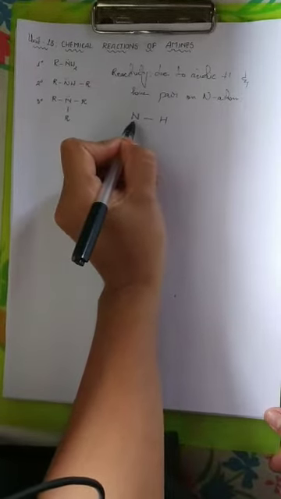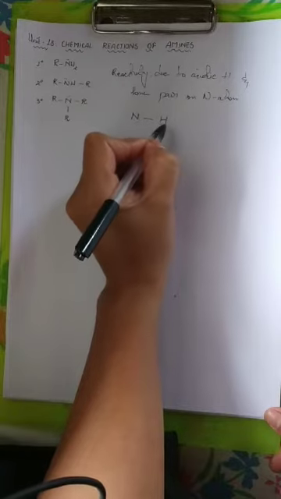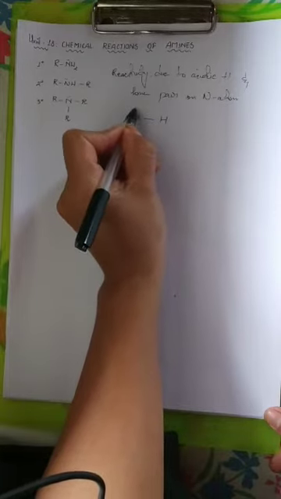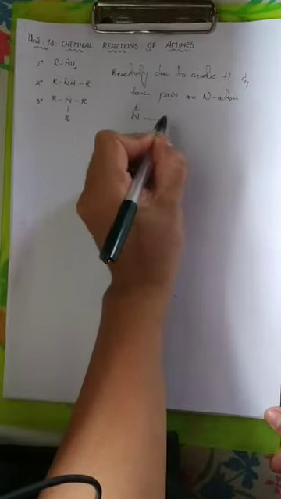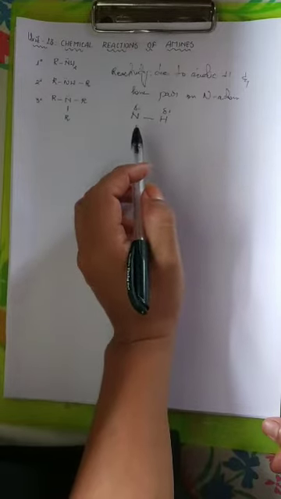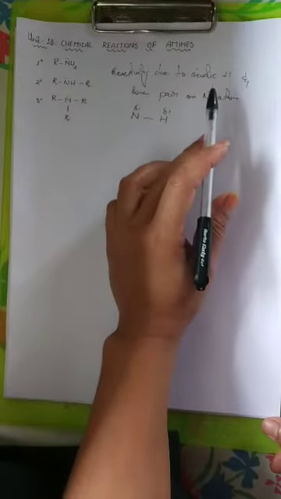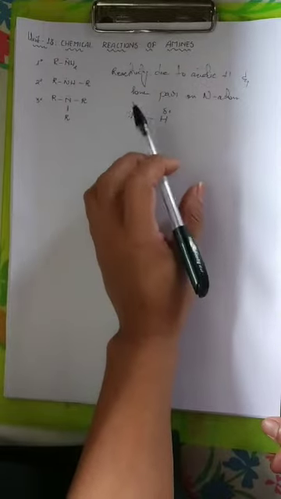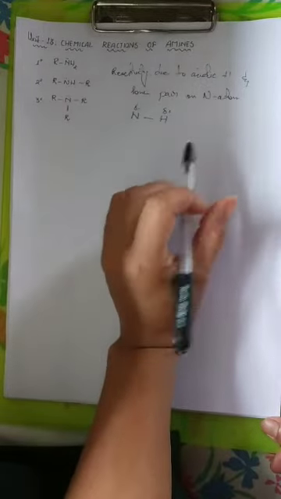Since the nitrogen atom is more electronegative than the hydrogen atom, a polar bond is created and nitrogen becomes partially negative and hydrogen becomes partially positive. Therefore, from this we say that amines are reactive because of the presence of the acidic hydrogen and the lone pair on the nitrogen atom.